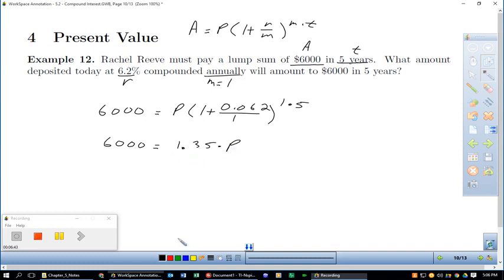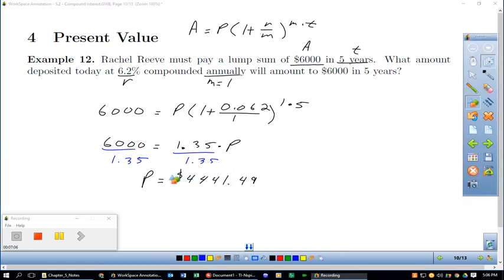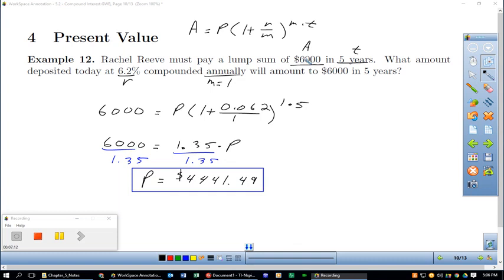And then we'll divide by that exact amount, and I get $4,441.49. So if you deposited $4,441.49 into an account set up here, you should get $6,000 in 5 years.